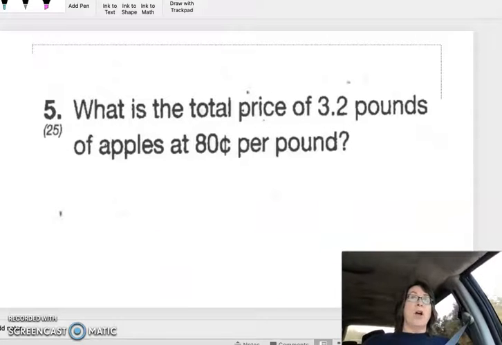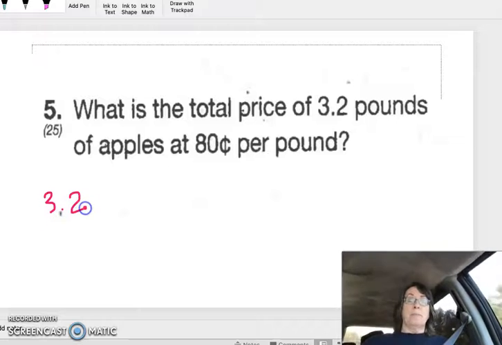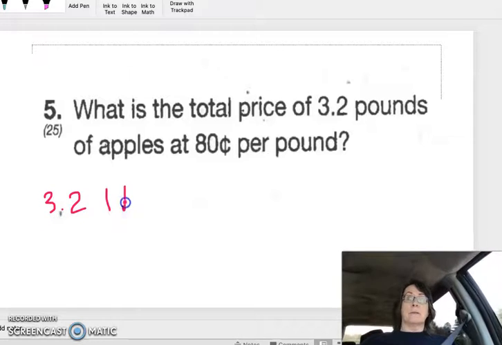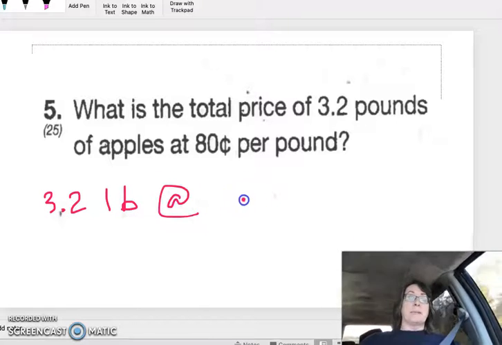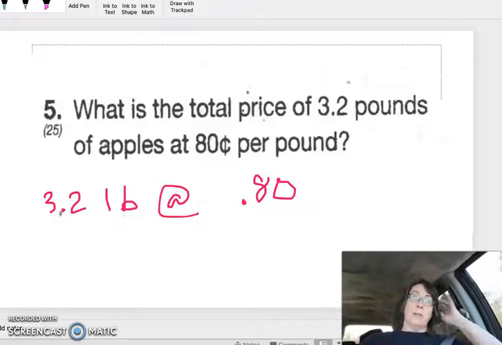All right, number 5. What is the total price of 3.2 pounds of apples at 80 cents per pound? So we're going to say 0.80. Okay, again, I could do this 2 ways.